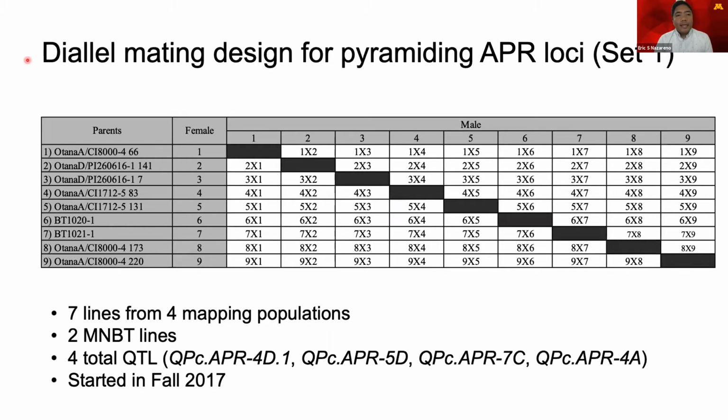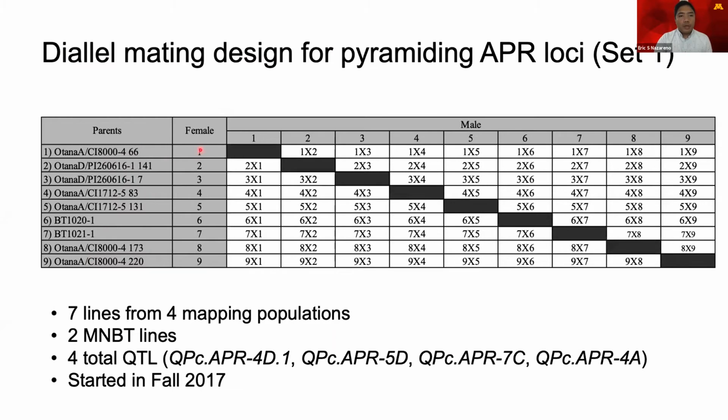And we did a diallel mating design for pyramiding these QTL. I'm only showing you set 1 here, but we actually did 3 sets. We're still working on sets 2 and 3. But in here, we have 9 lines, and we did a diallel mating design. So we crossed every parent with all other parents, and also reciprocal crosses.